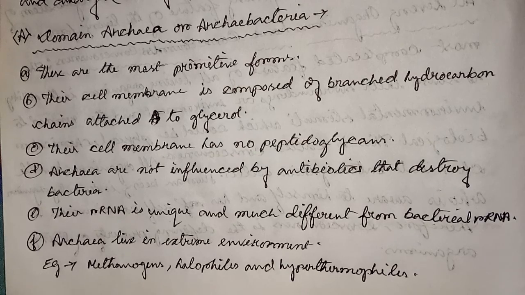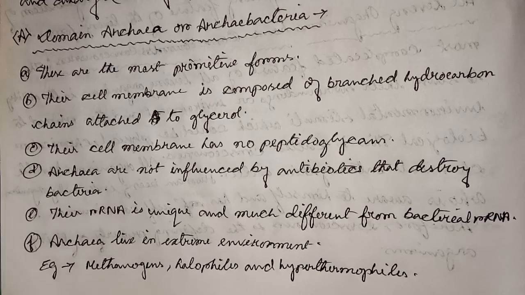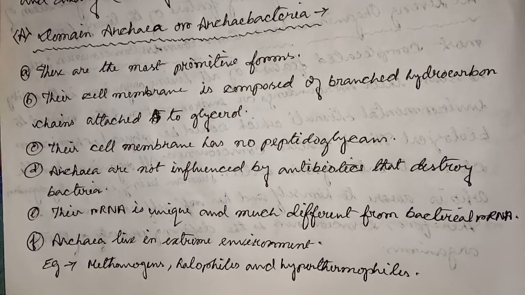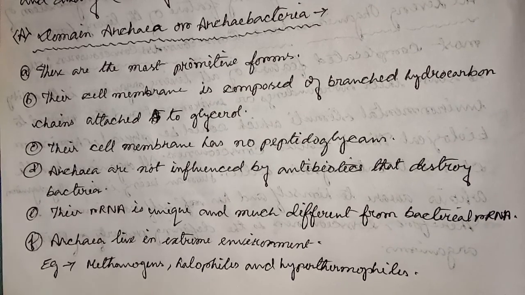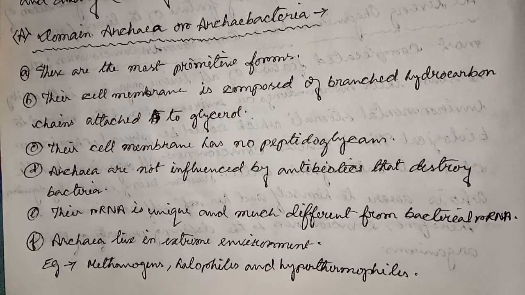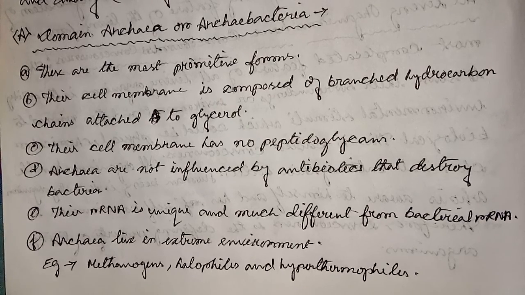Now the next domain is bacteria or eubacteria. Their features are: their cell membrane is composed of unbranched fatty acid chains attached to glycerol. Their cell wall is formed of peptidoglycans.